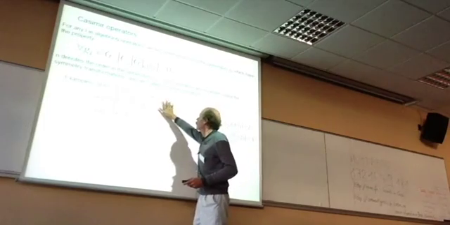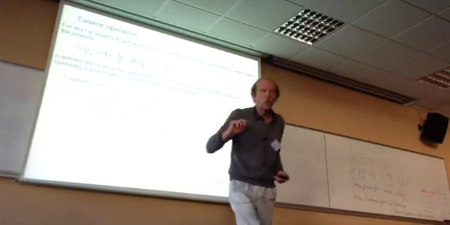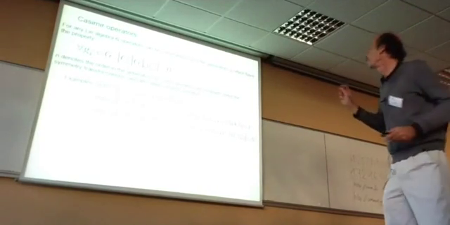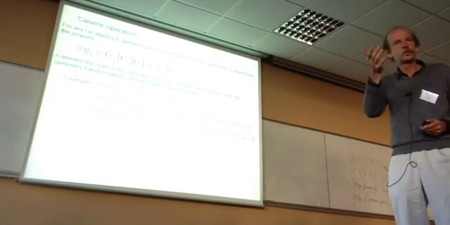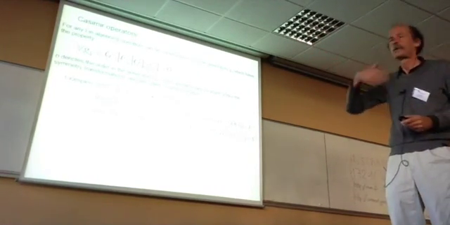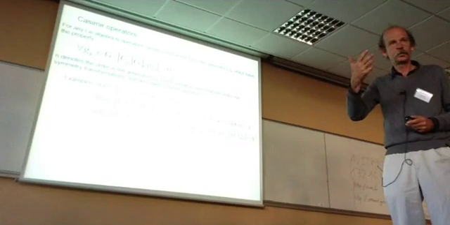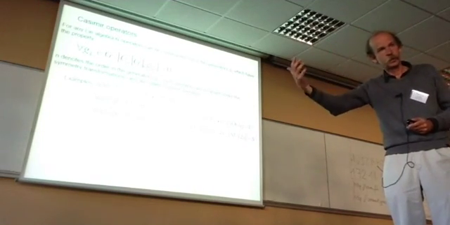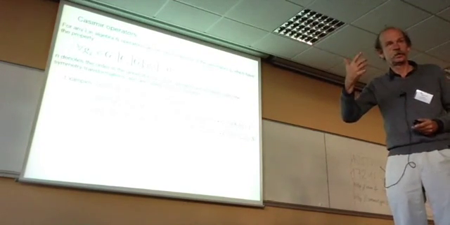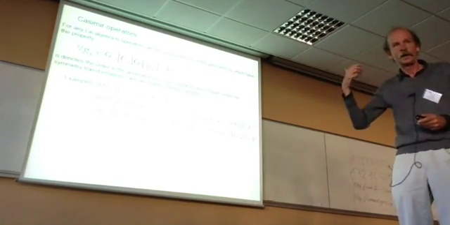Now, in order to make a connection with things you know, if you apply Lz to a wave function, you will get m, the magnetic projection. And if you apply L squared to a wave function, you will get l(l+1). So these are then eigenvalues, and they are constants. We will see why soon.